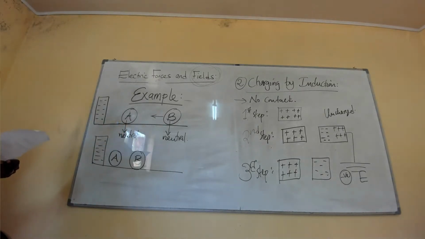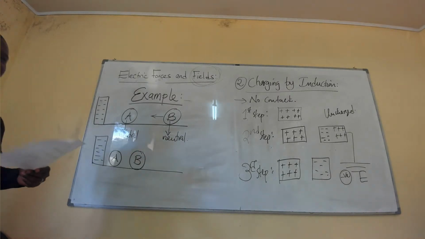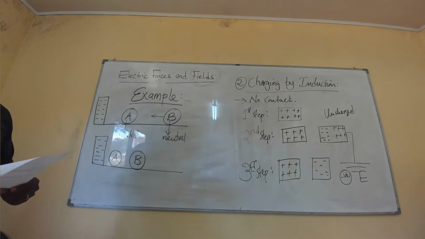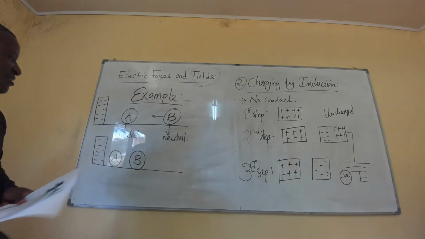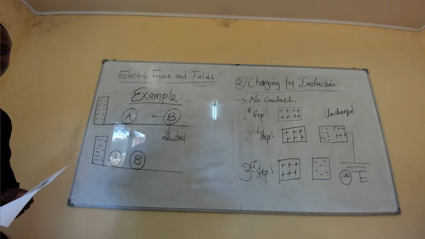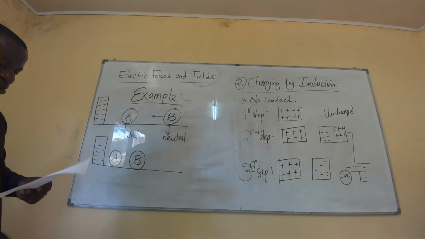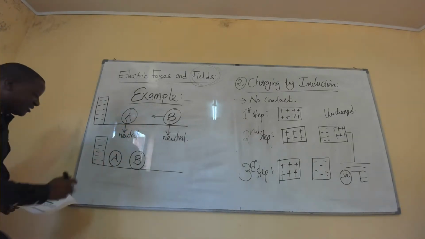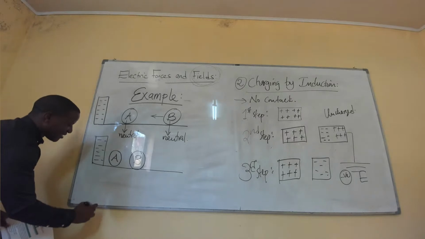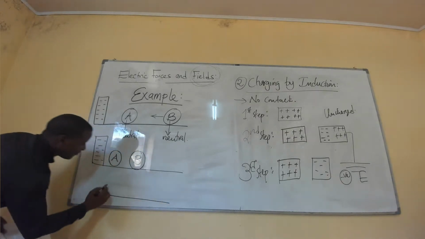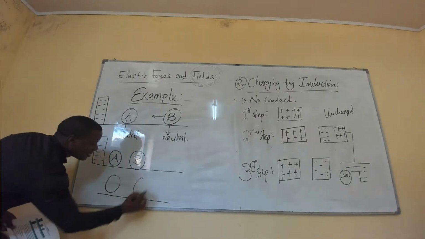So the block is then removed. What is the final charge on both A and B? This is one of those nice multiple choice questions. So you've been asked to say the block is then what? Removed. In other words, in the third step, what we see is this. This is A, this is B.